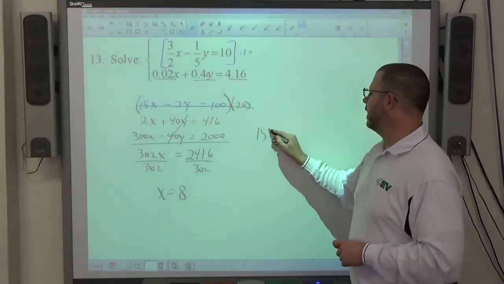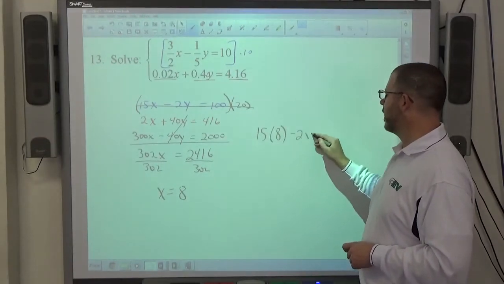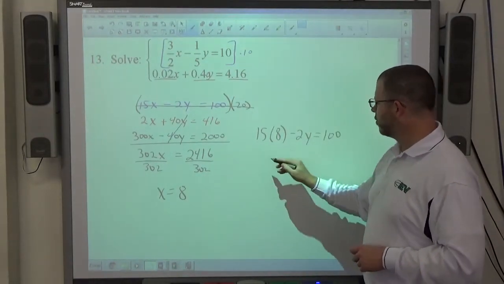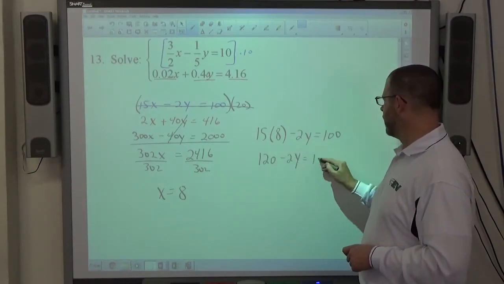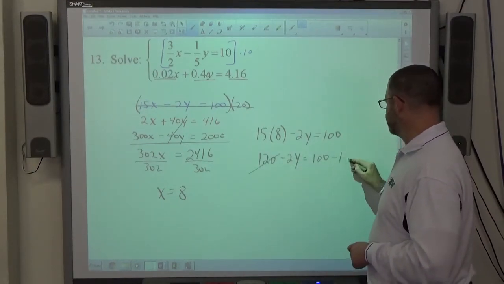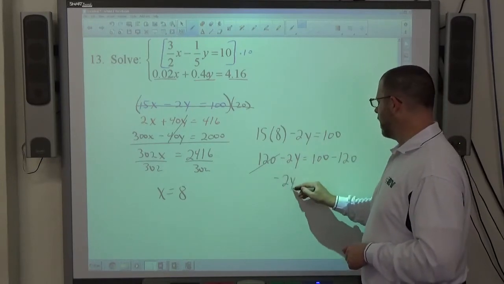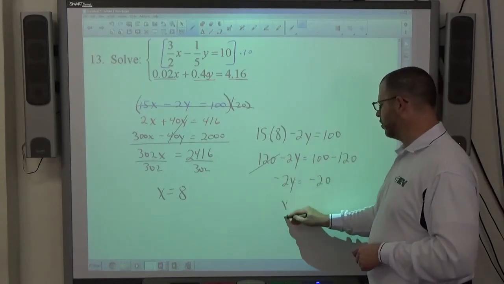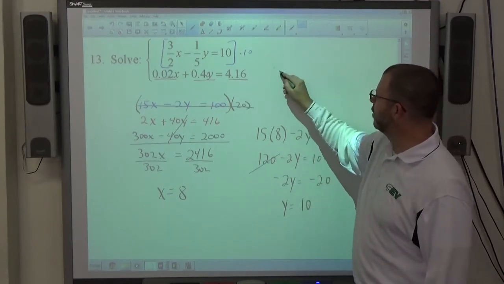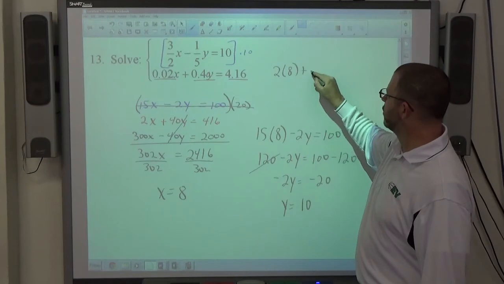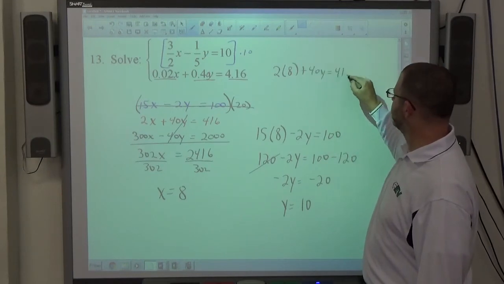So 15x minus 2y equals 100, which means that 120 minus 2y is equal to 100. So negative 2y is equal to negative 20. Divide both sides by negative 2. Y equals 10. Could have also gone back to the red equation. 2x plus 40y is equal to 416.